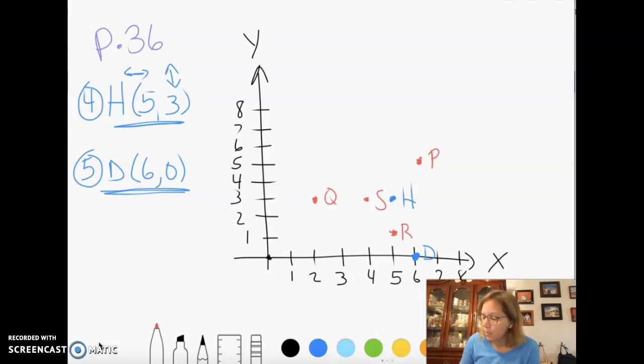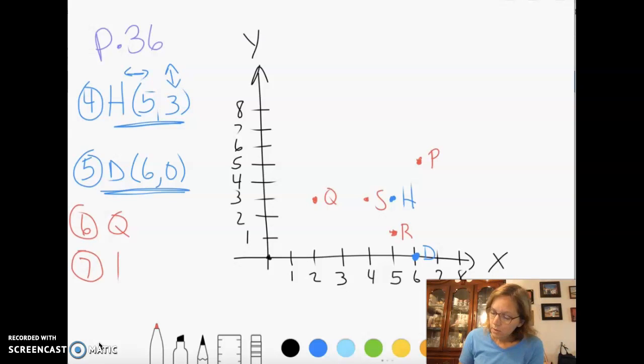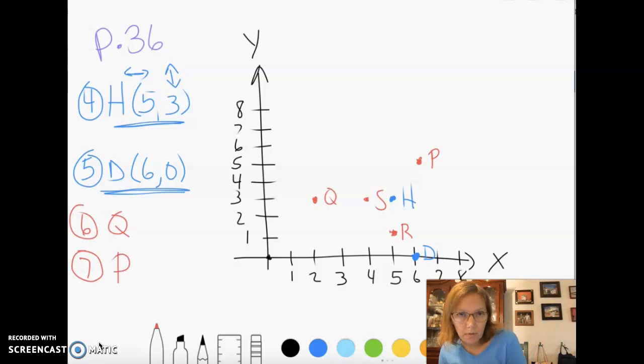Okay, now number 6 and 7 give me a letter and say write the coordinates of this letter, Q and P. So the other ones are there just to kind of throw us off and make sure we know what we're doing. So I need to tell them what Q is at, what ordered pair is Q at. So I'm going to move to the right first.